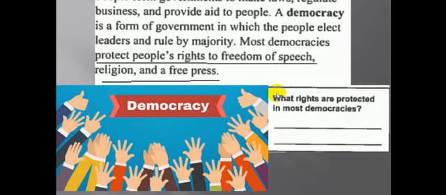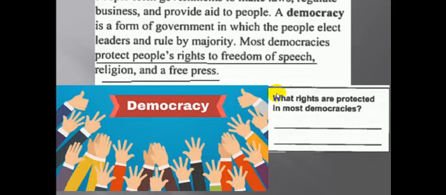We will talk about the first type of government, which is democracy. What is democracy? It is a form of government in which the people elect leaders and rule by majority. So we are people in one country.